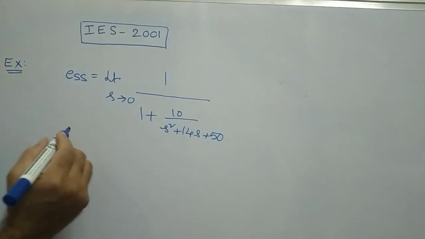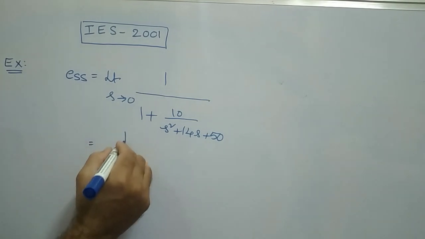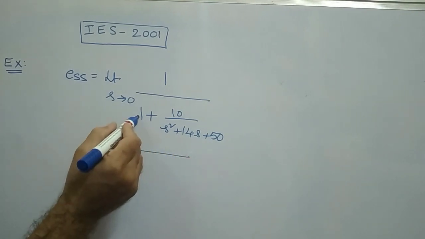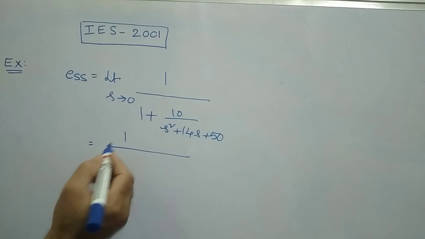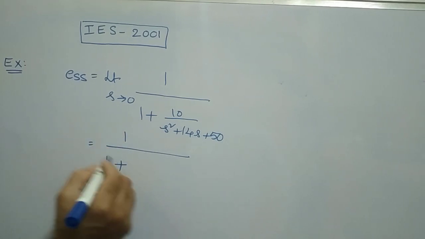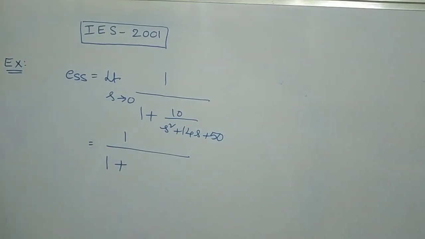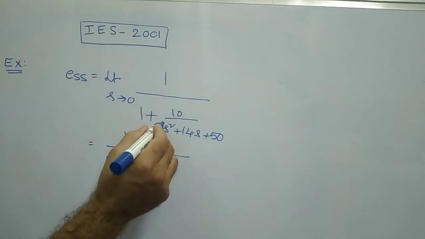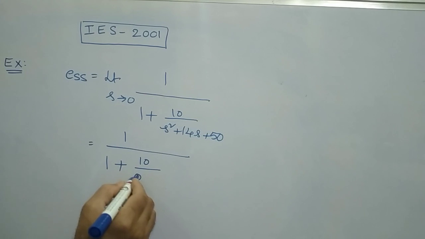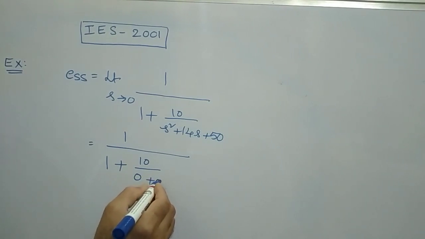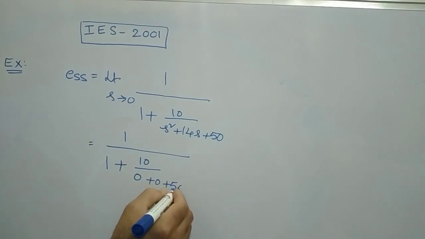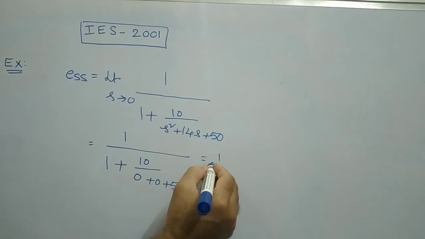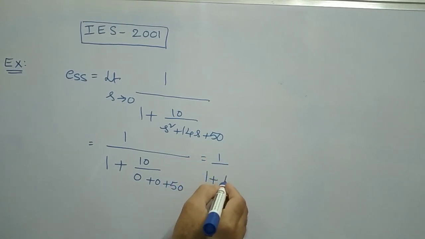Substitute s tends to 0. Then from here what you will get: it is 1 by, so there is no s term in 1, therefore as it is you just keep that, and plus 10 by, limit s tends to 0, apply s value as 0, therefore 0 plus 0 plus 50. This is equal to 1 by 1 plus 10 by 50.